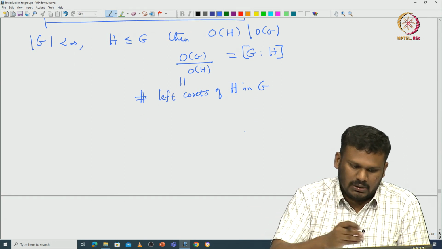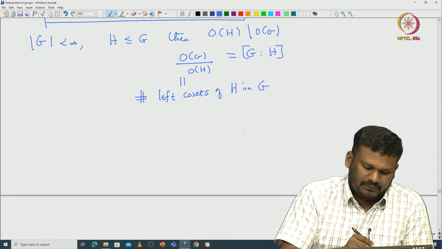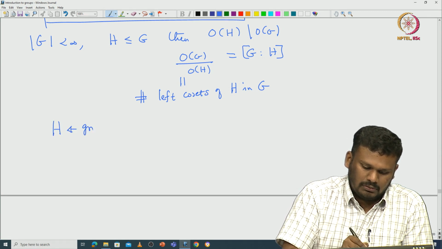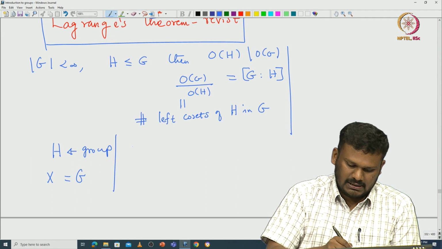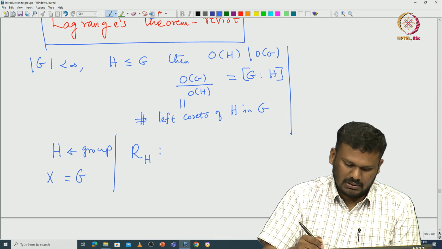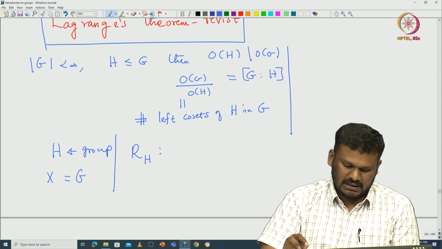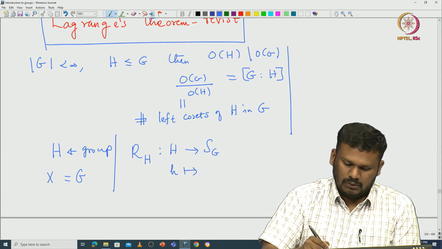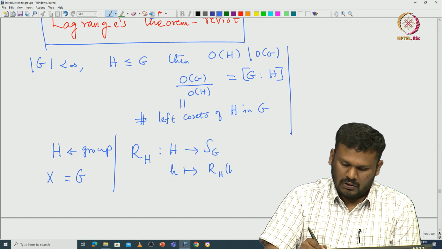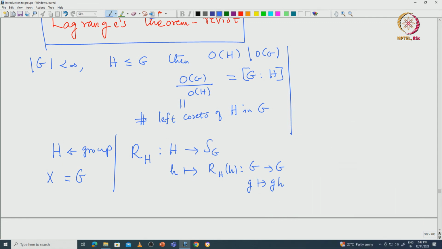Obviously this is about the subgroup H. So we take the group to be H. So H is your group, and then your set X to be G, and then look at the right multiplication with respect to this H. So basically on G we have a right multiplication, we will restrict that to H, that is the action from H to S_G, where h is mapped to the right multiplication by h, which is a map from G to G given by g goes to gh. Okay, so this is the action that we are talking about.